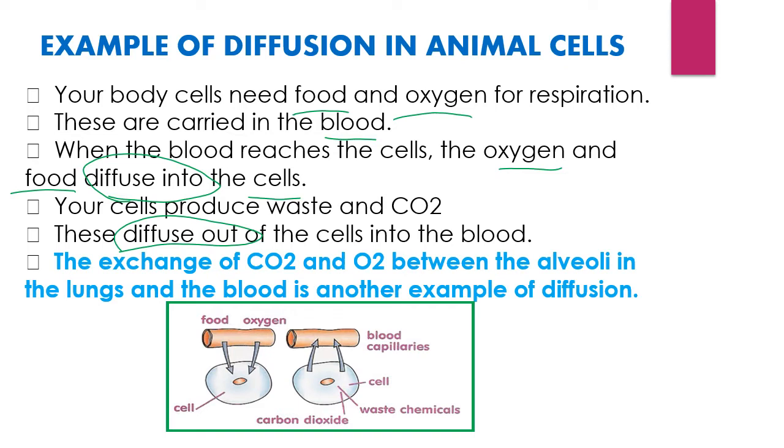This exchange is called gas exchange. Oxygen diffuses from the air in the alveoli into the blood, where the carbon dioxide diffuses from the blood into the air in the alveoli. So these are two examples of diffusion in animal cells.